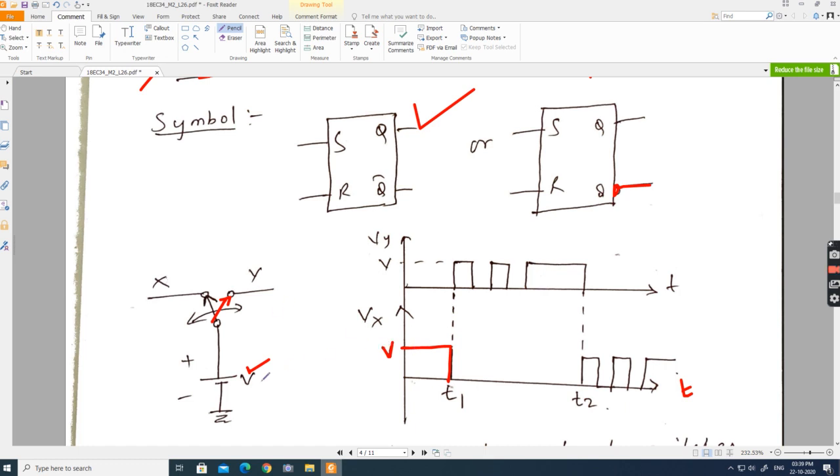It will be value V, because I am supplying the voltage V. Now at time t1, I will change the switch from X to Y. What actually happens is, what do you ideally expect?